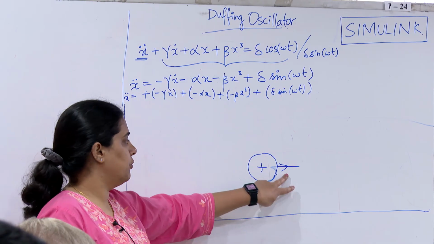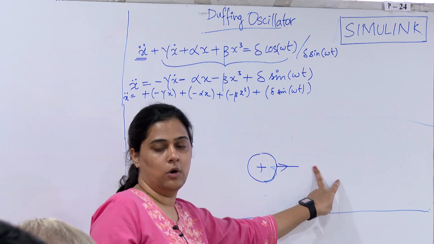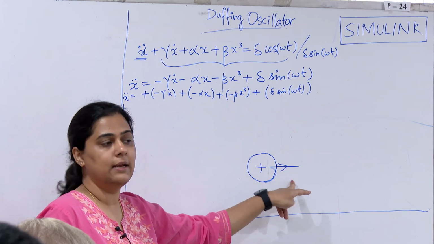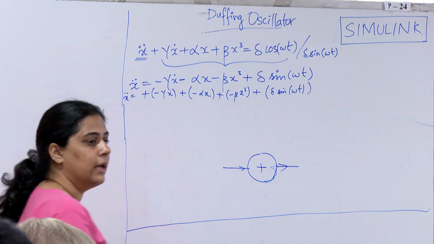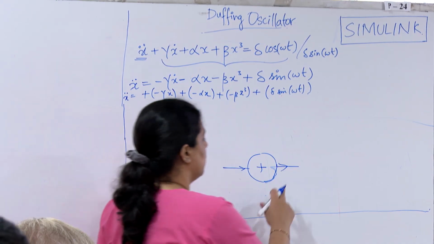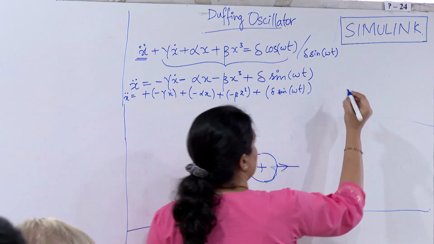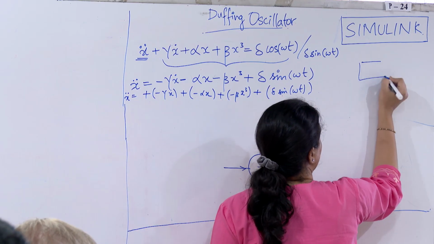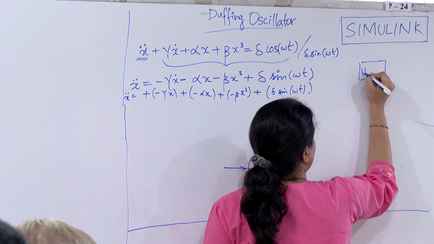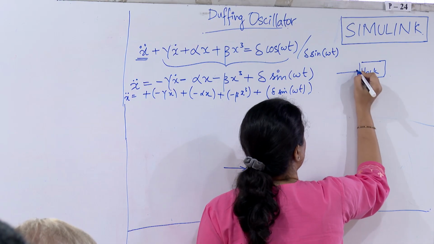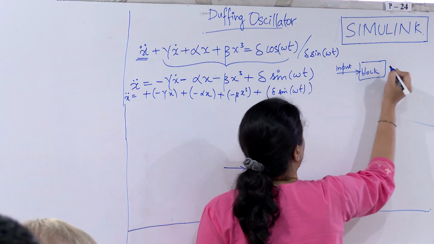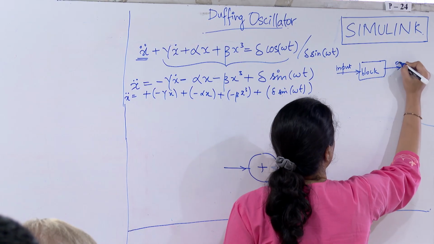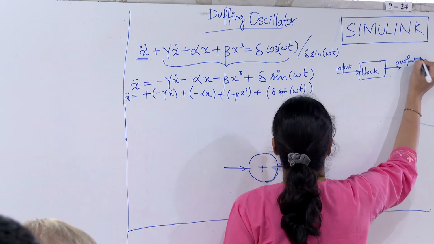The arrow which is going outside of a block is the output, and the arrow which goes inside of a block is an input. So I can just write it here. You have a block. This should be your input and going out should be your output.